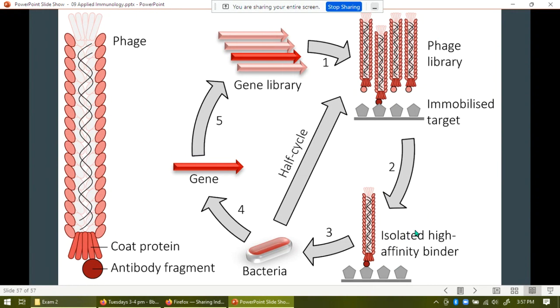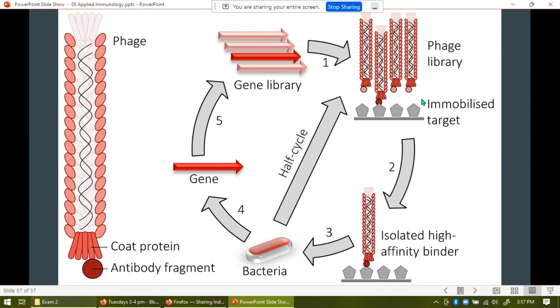And then now you have a bunch of the same phage that has the same scFv on all of their coats, and that is useful because you can conjugate those scFv molecules to a drug or something else and then cleave it off of the phage and inject it into a patient for treatment.